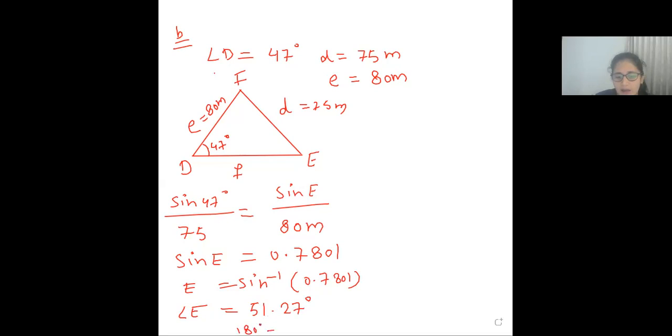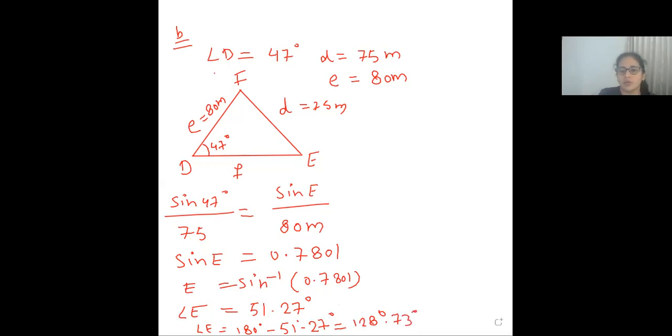Next, what is the other angle? 180 minus 51.27 degree. There are two values of angle E. That will be equal to 128.73 degree.